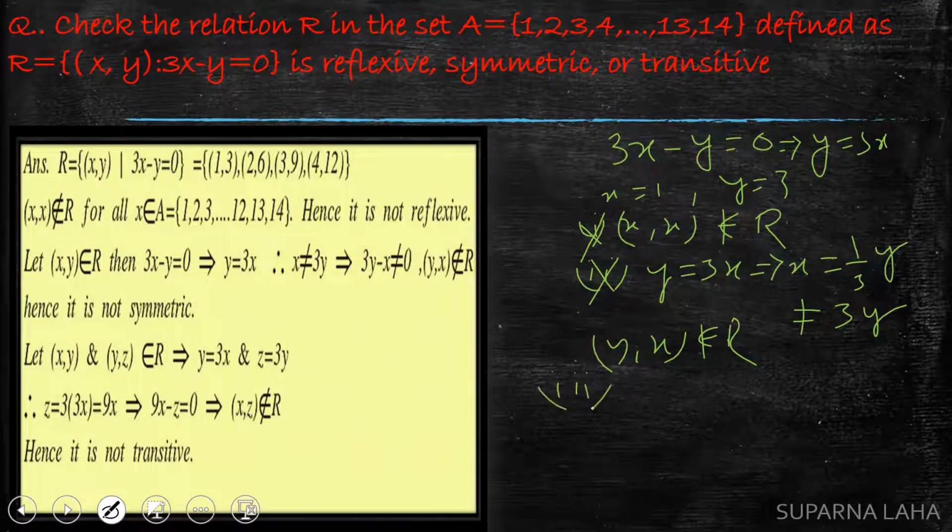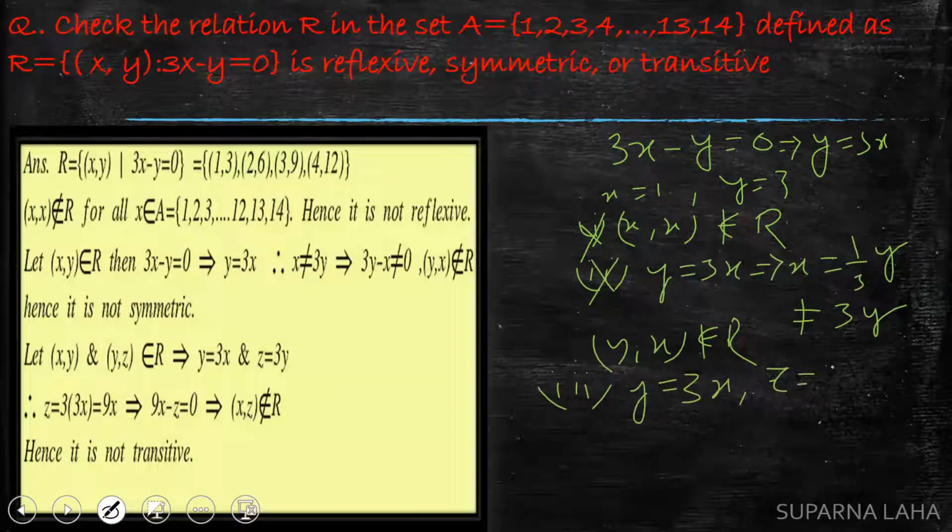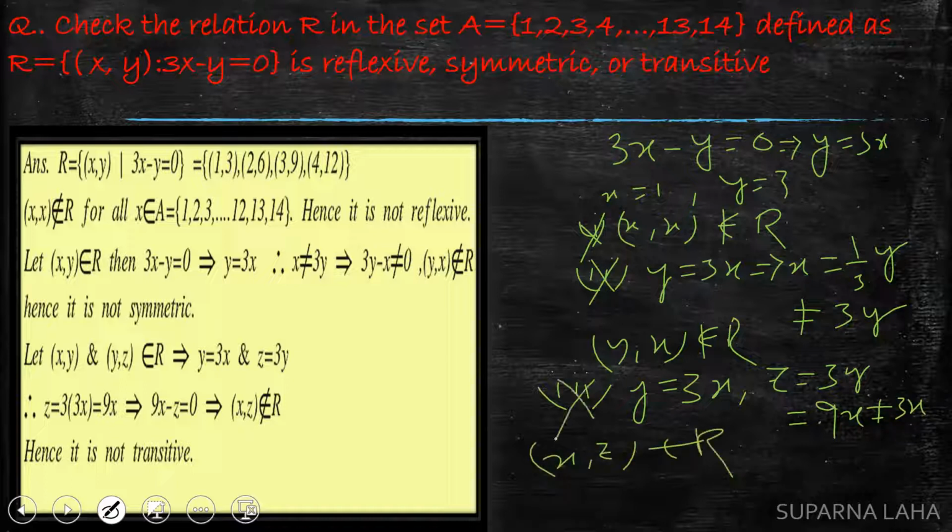Number 3, transitive property. If y is equal to 3x and z is equal to 3y, that means x comma y and y comma z belong to the relation, that is z is equal to 9x, which is not equal to 3x, hence x comma z does not belong to this relation R, hence it is not transitive.